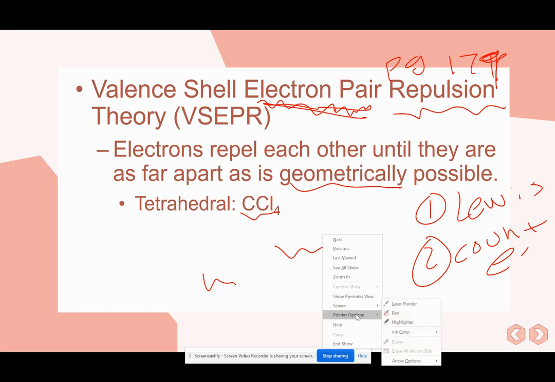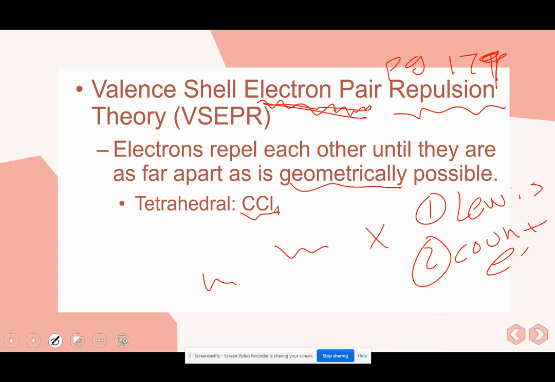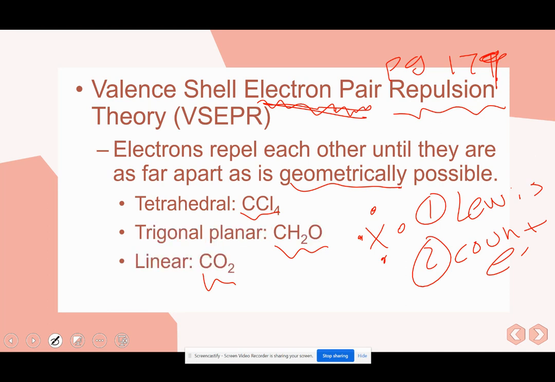Here's my atom. You can have electrons on each side. That's 4 different sides. That is 4 areas where you can have electrons. So this is what I mean by counting up electrons around the central atom. You can have 1 area of electrons. You can have 2. You can have 3, or you can have 4.